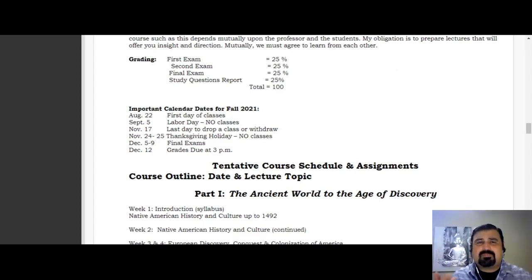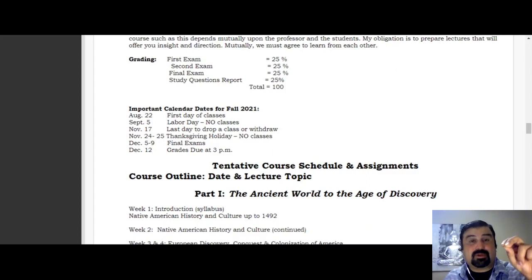And also keep in mind that when I'm calculating your grades at the very end of the semester, I pay attention to the progress or lack thereof. So I go student by student, calculating the grades. And if I see that a student started out low, let's say 75 in the first exam, but then started improving, like 84 in the second, and then the final exam, it was 92 or 93.